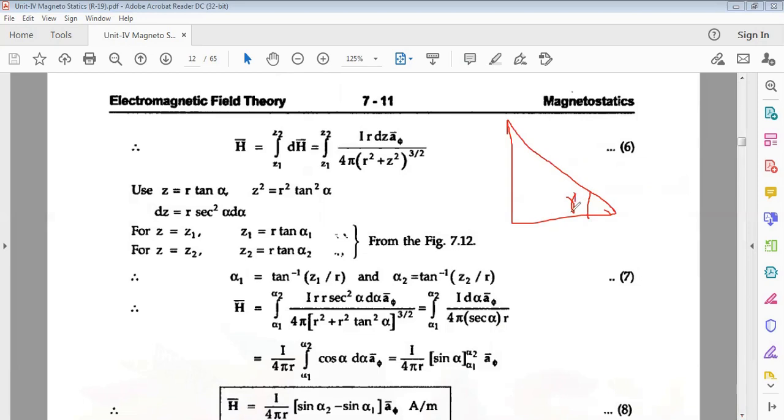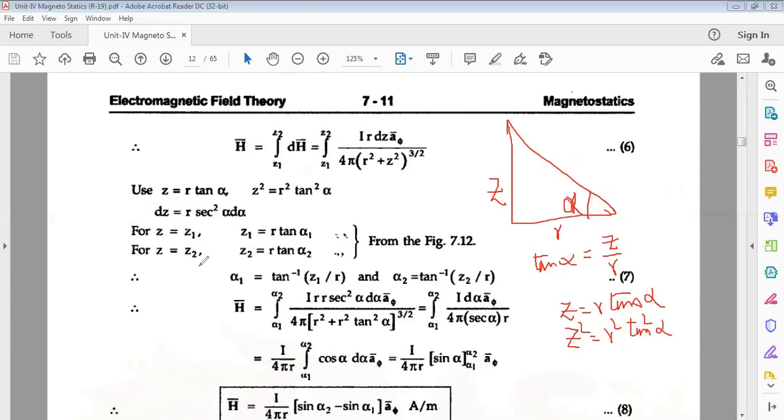Alpha is an angle here, not r. So the opposite side is z and the adjacent side is r. So tan alpha is equal to z by r, and z is equal to r tan alpha. And z square is equal to r square tan square alpha.